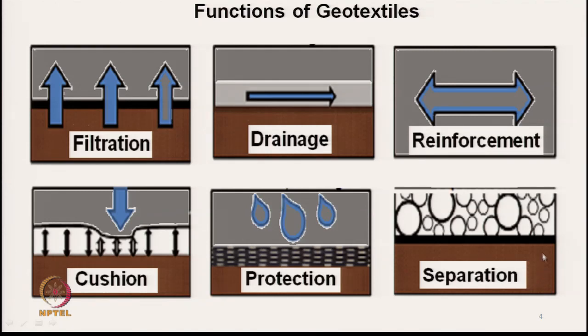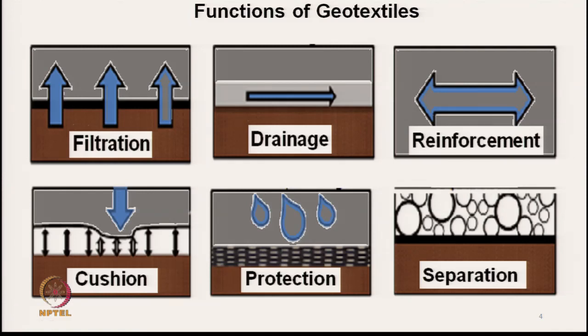So, the permeability characteristics of this structure will be lost. Therefore, we need to separate out these two entirely different materials, so that the individual component will have their own identity.